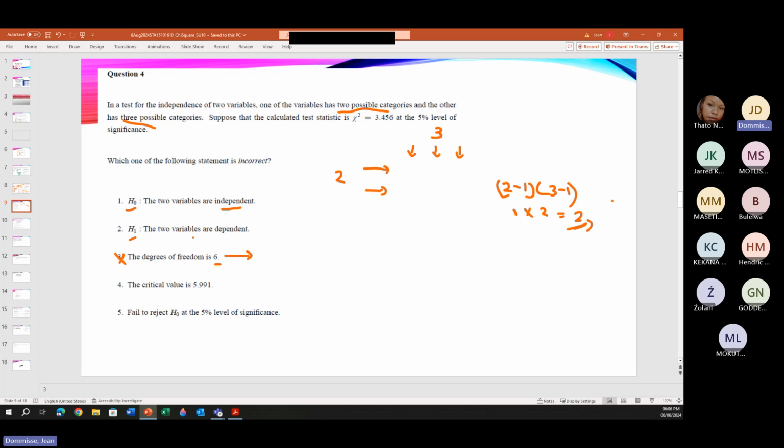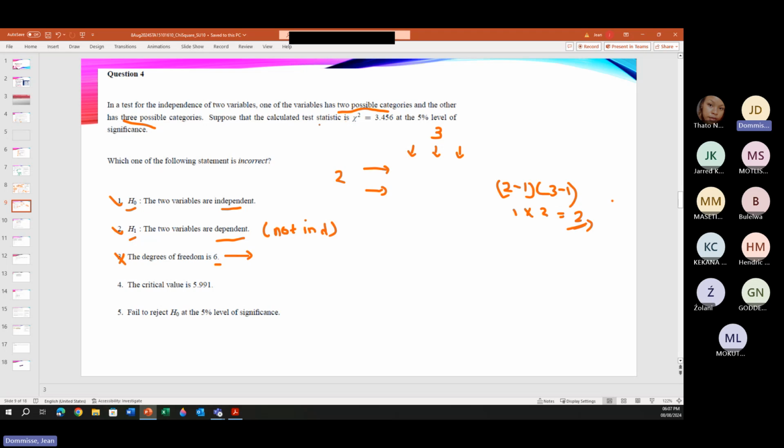Alternative hypothesis, always dependent, or the other word is not independent. So here we could have seen that is correct and that is correct, but we already know which is our incorrect one. But again, I want to show you guys how to get to the other answers as well.